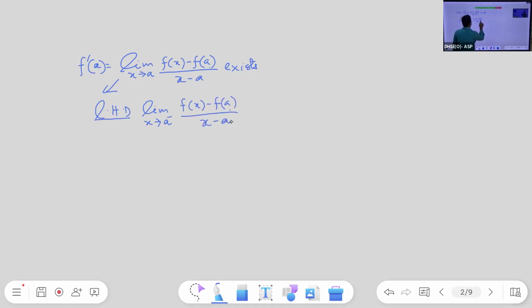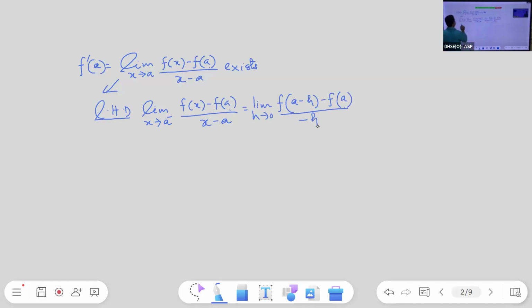Substitute x is equal to a minus h: limit h tending towards 0, f of a minus h minus f of a upon a minus h minus a, that is minus h. This is the left hand derivative.